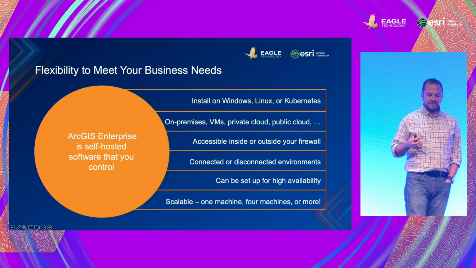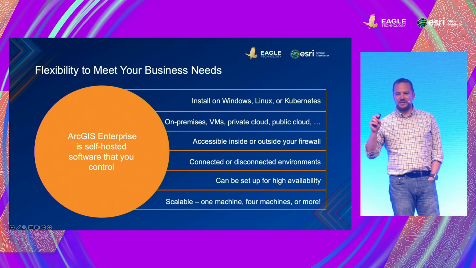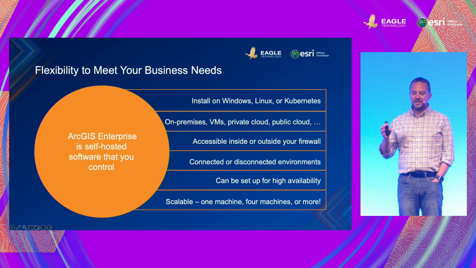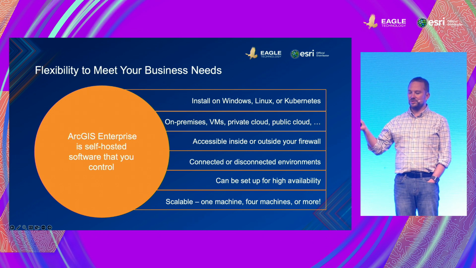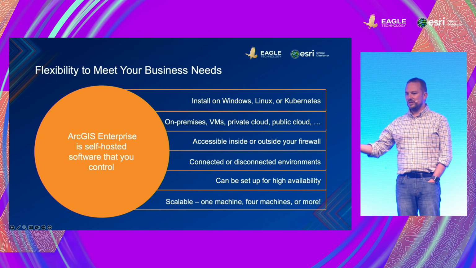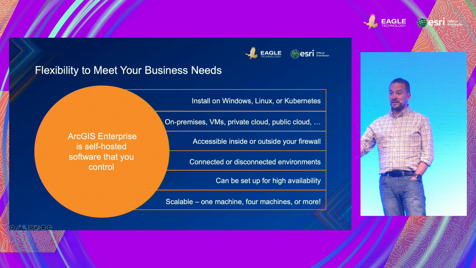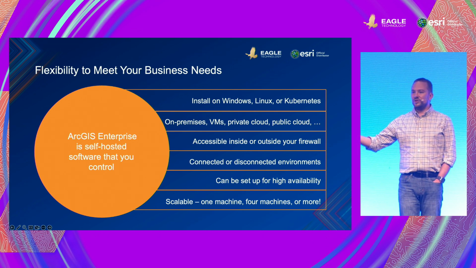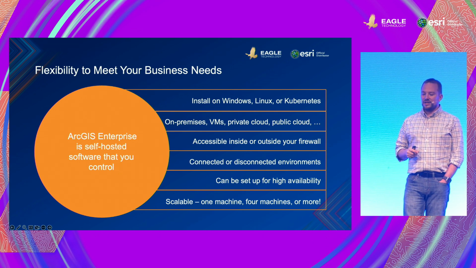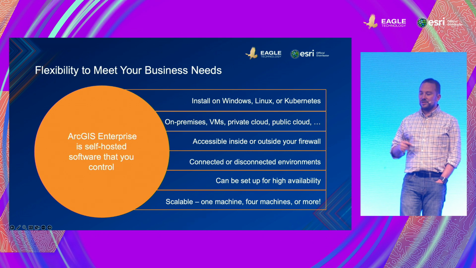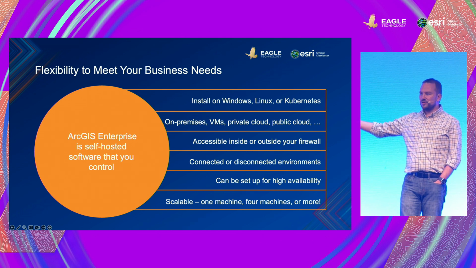So I talked about this a little bit already, but I want to dive a little bit deeper into it. ArcGIS Enterprise is self-hosted software that you control, right? That means you, somebody in your organization, or somebody on your behalf, like Eagle as a managed service, or other business partners, is potentially running it on your behalf. You can run it on Windows and Linux or Kubernetes, very traditional ways, or more modern cloud-native ways.